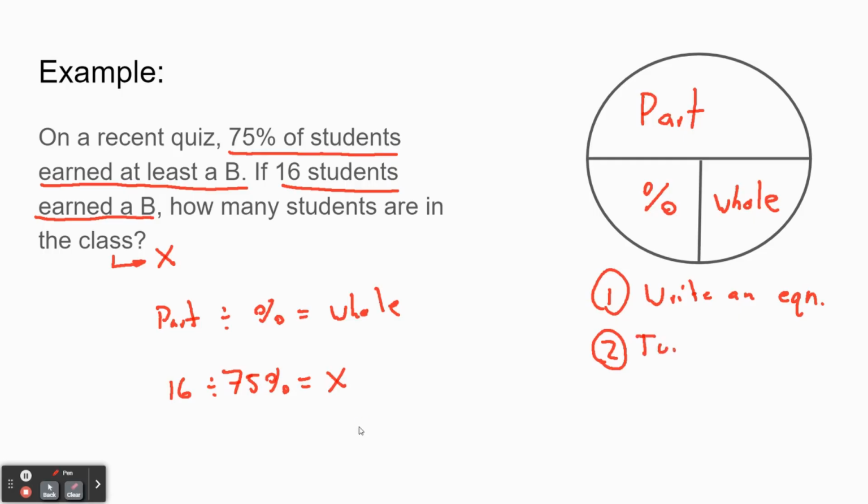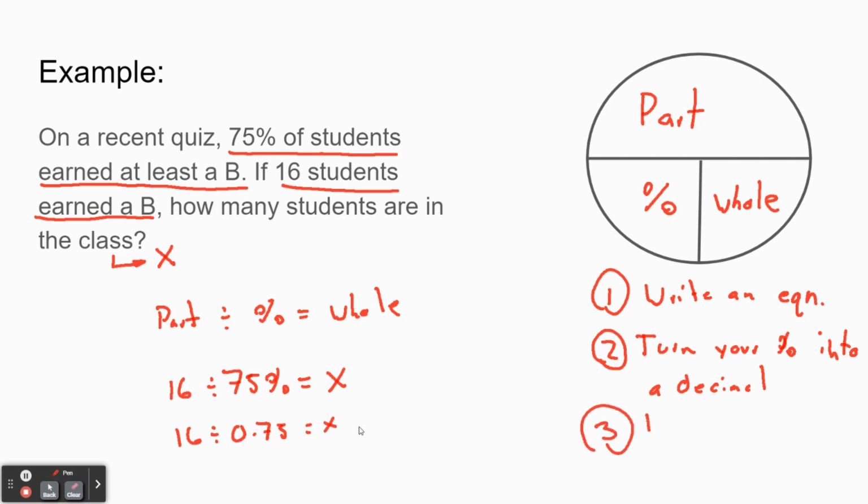Step 2 is a familiar one. It's turn your percent into a decimal. When it comes to working with percents, most of the time you're actually going to turn them into a decimal. So this is now going to become 16 divided by 0.75 is equal to x.